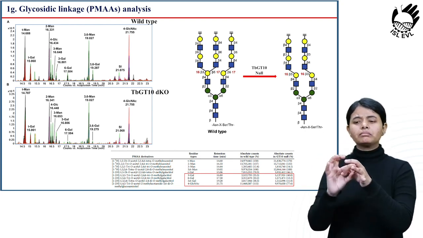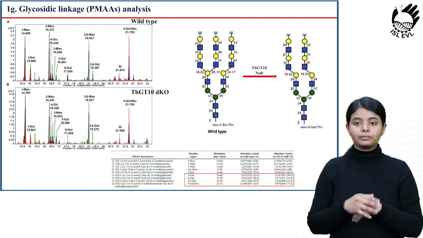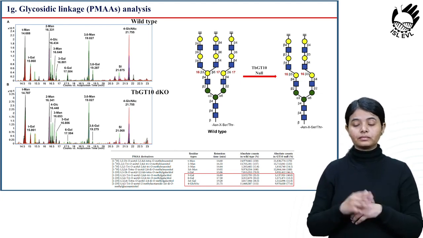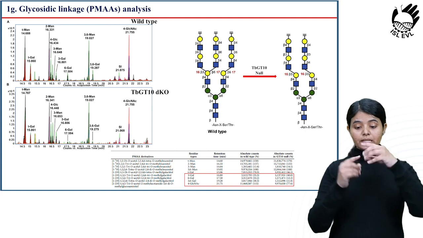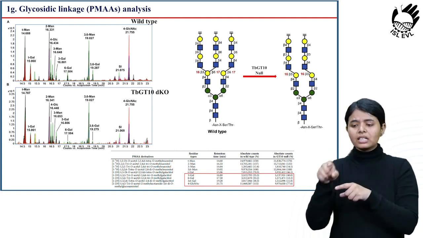The most possible candidate is number 16 here, which is TBGT8, an already characterized enzyme. So this enzyme is compensating for the loss of this enzyme.